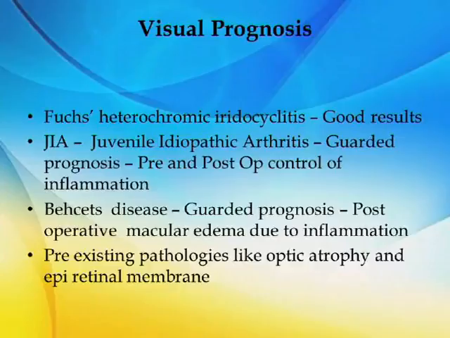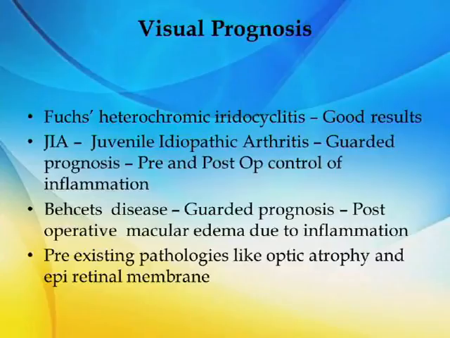But nowadays, a lot of publications are there. If you control the inflammation in the preoperative period as well as in the postoperative period, you can guarantee good visual prognosis even for these patients. In Behçet's disease, the prognosis is much guarded because postoperative macular edema due to inflammation is very common in this disease.